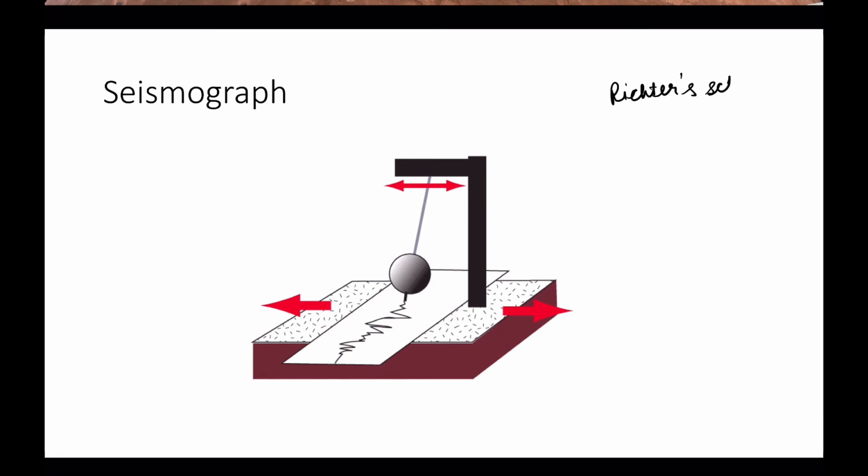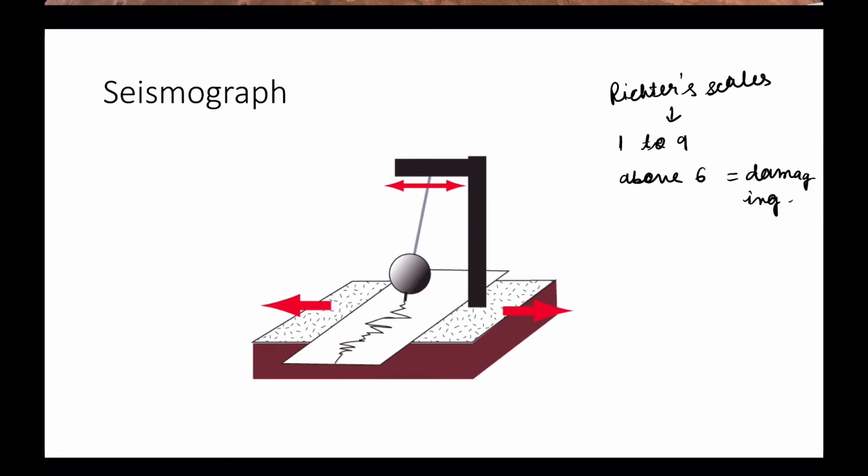The Richter scale measures the magnitude from 1 to 9, and it is believed that if the magnitude of the earthquake is above 6, then it is considered to be a little disastrous. Below 6 is not that damaging. So above 6 is really damaging.